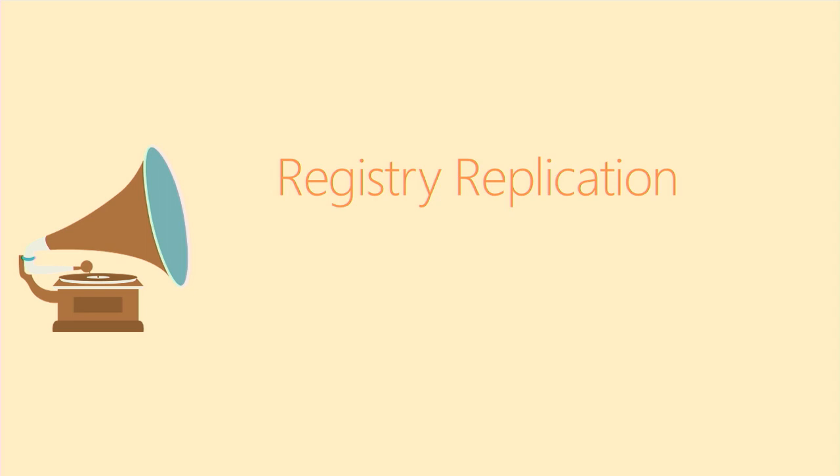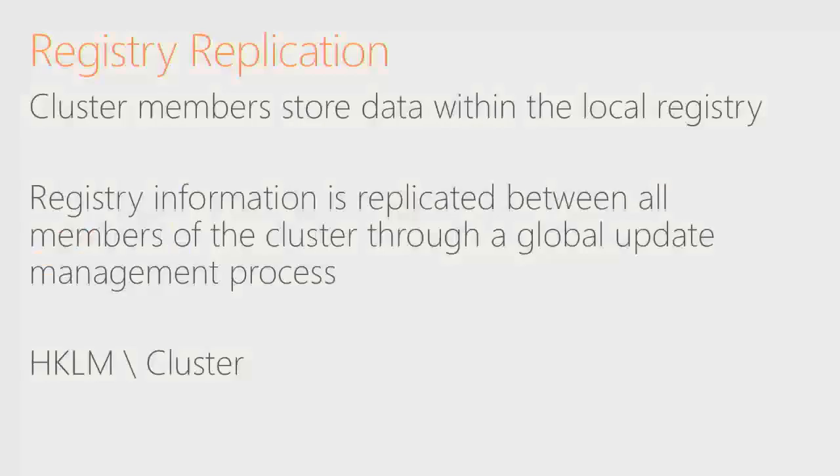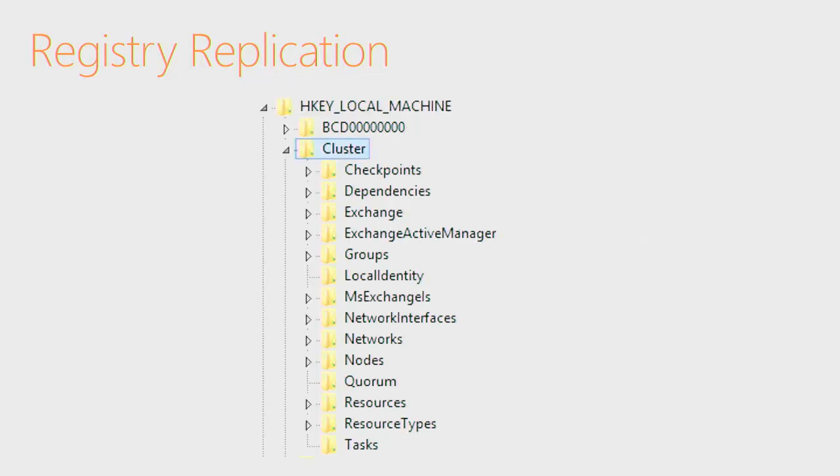And the one thing about writing to the cluster registry is that it's very quick, right? When you write to the cluster registry on one node, those changes are propagated through the node sets in a very timely fashion, which for Exchange makes it a great place to put things that you want all the members of the DAG to know about right away. And you can actually see here, this is what a shot of the cluster hive actually looks like where Exchange is instantiated.